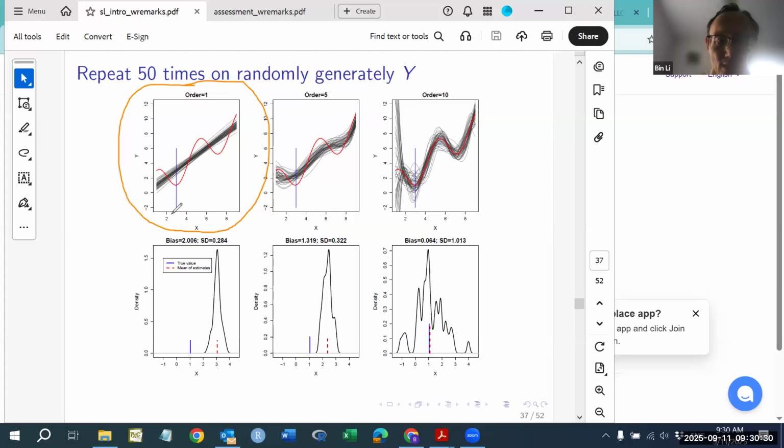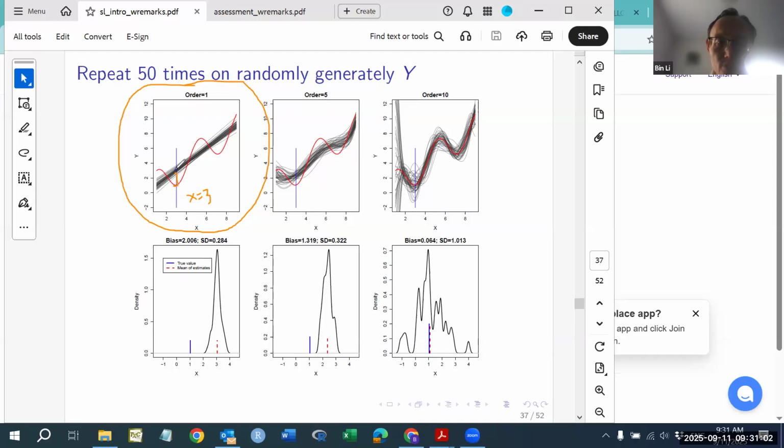What is the bias? Suppose we want to estimate when x is 3. What is the true value? The true value is this one, around 1, y equals 1. But when the order is 1, with a linear model, you can see the bias is very high.